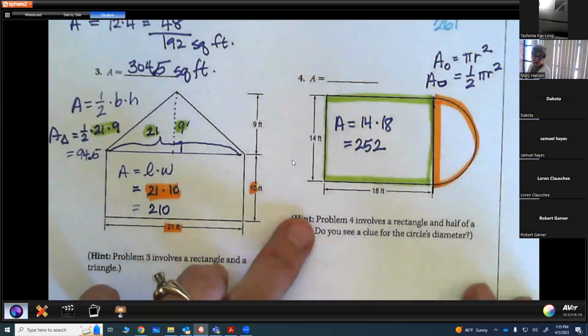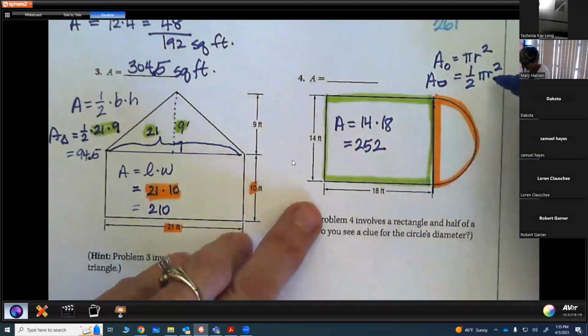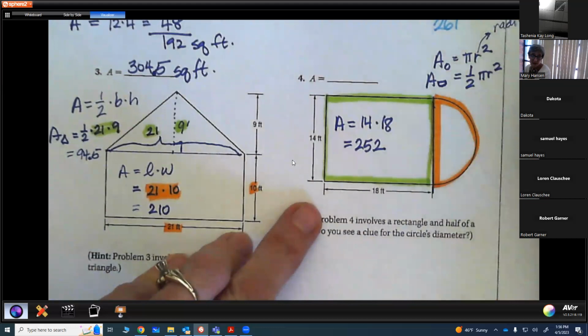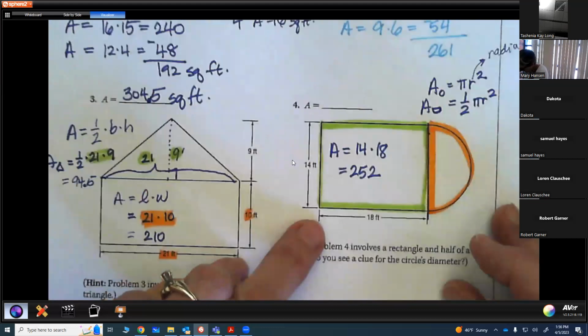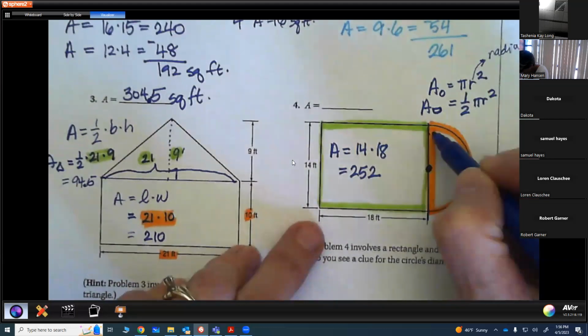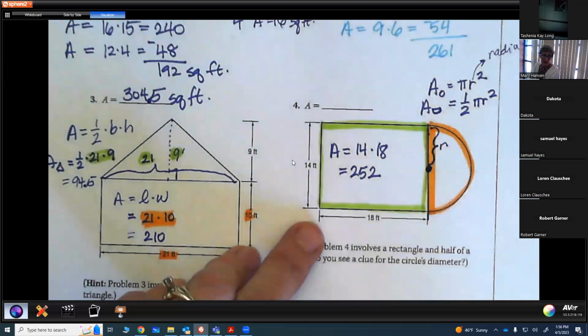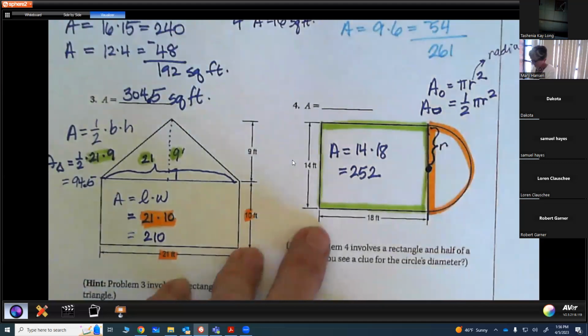Now for our half circle and our pi r squared, what does r stand for? Radius, which is half of the diameter. Okay. And so radius is this length. You can tell me what that r value is.